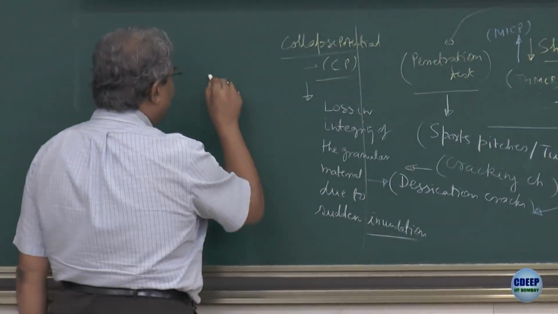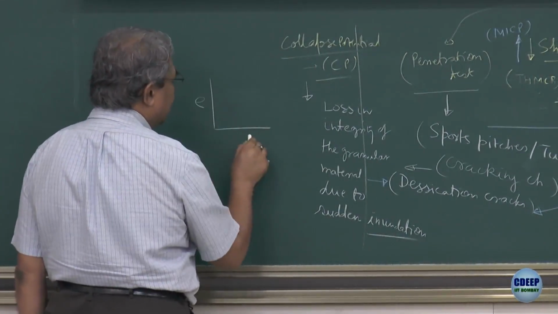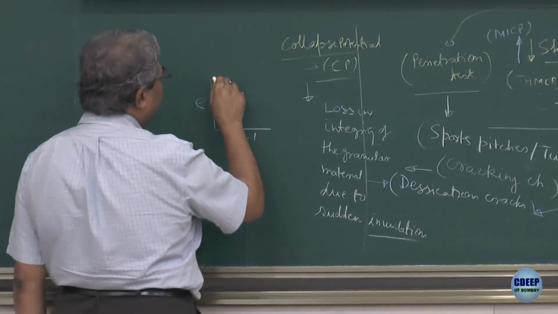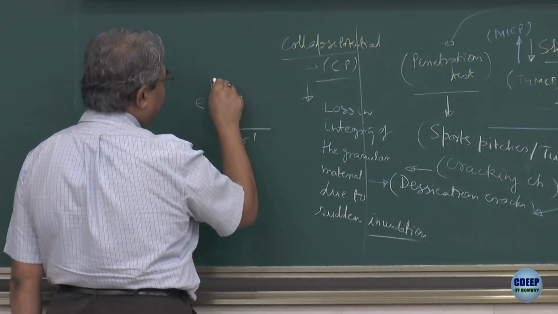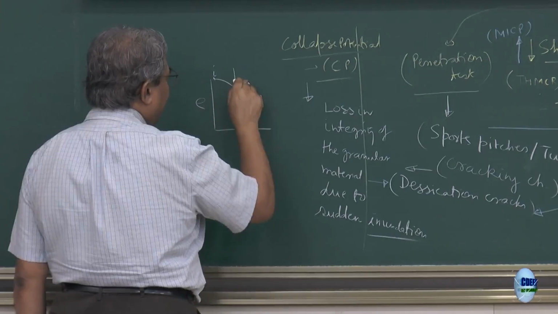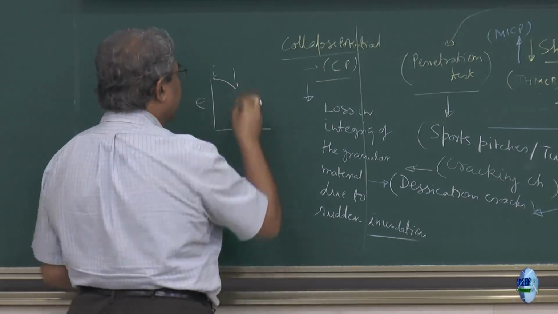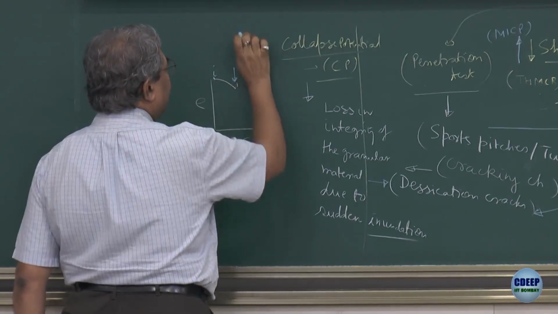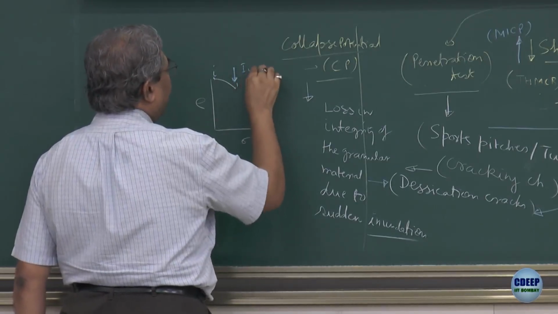That means, if I plot e versus sigma prime curve, and if I take it from this point to this point, starting from initial to, let us say, first loading, and if I allow the inundation of water, inundation is pooling up of water. So, this is where the water is inundated.